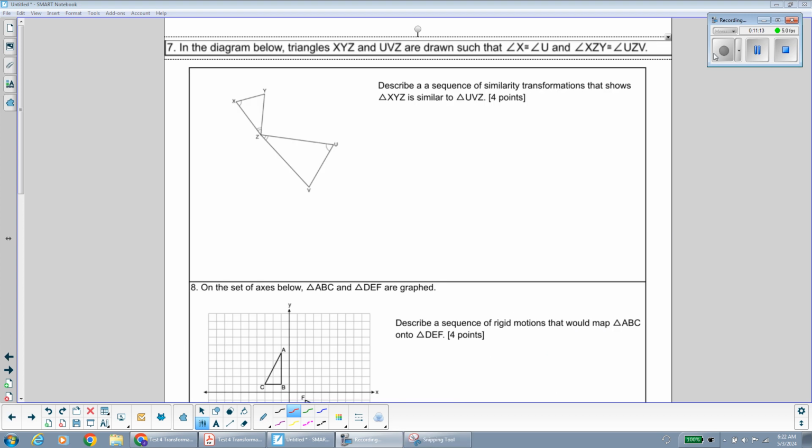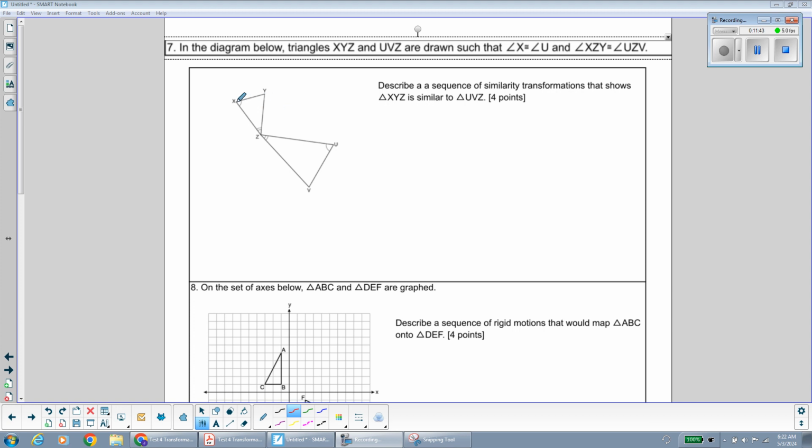This question over here was a bit tricky because we don't have a grid. And remember when we did a question like this on the review sheet, we spoke about describing transformations to the best of our ability without making anything up. The first thing I want to talk about is that this is going to be a rotation and a dilation. I know it's going to be a rotation because this triangle needs to turn to become this triangle, right?